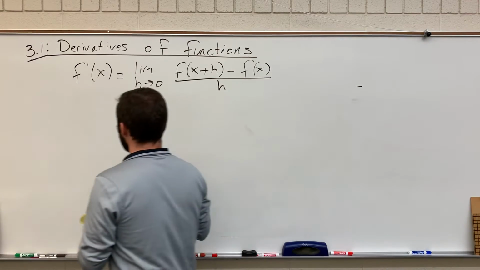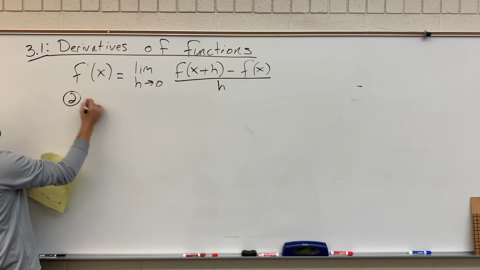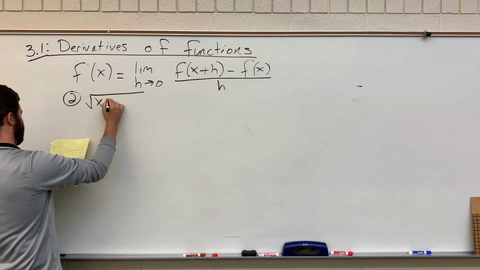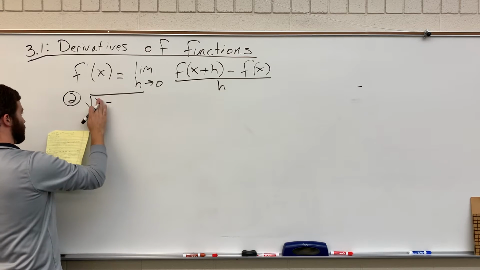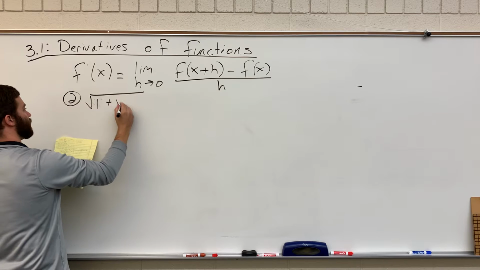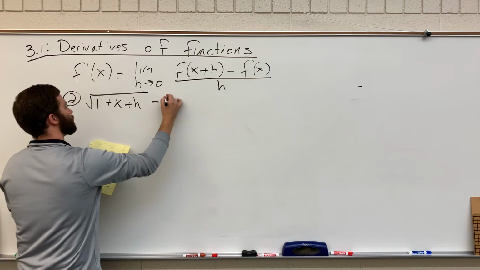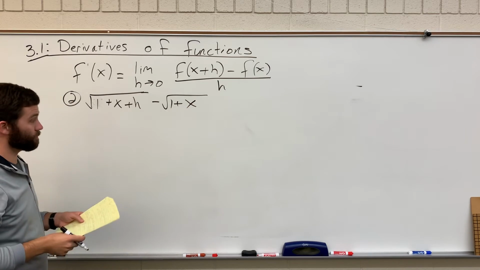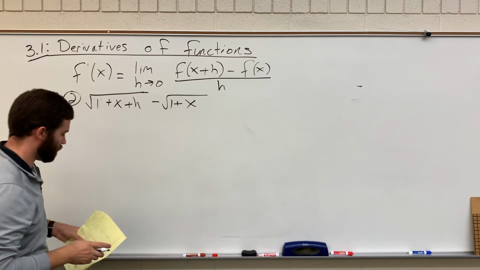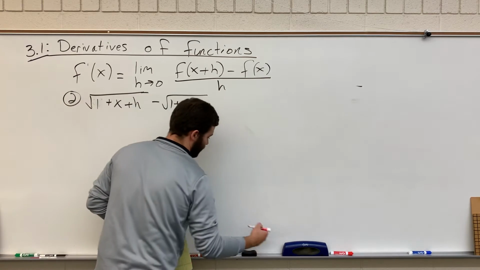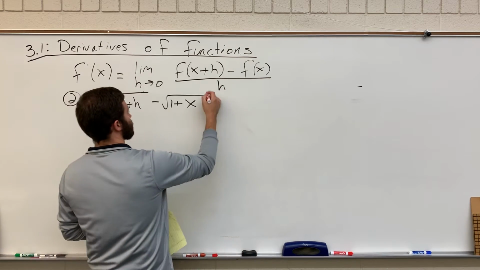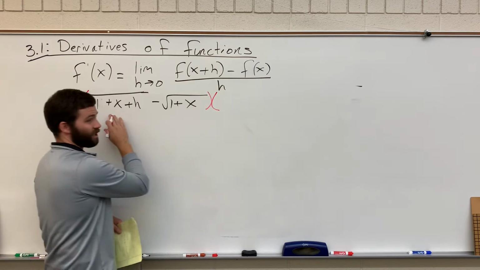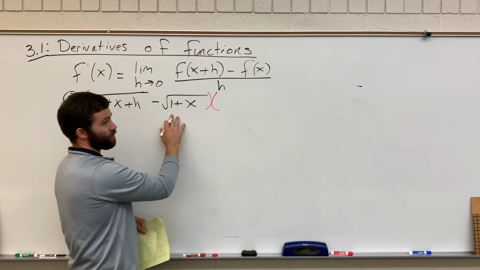Okay, so right here, again, we're continuing on step 2. I have the square root of 1 plus x plus h minus the square root of 1 plus x. And what I'm going to do is multiply by the conjugate, which is this expression with an opposite sign in the middle.